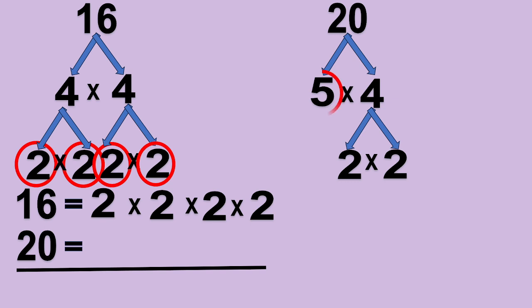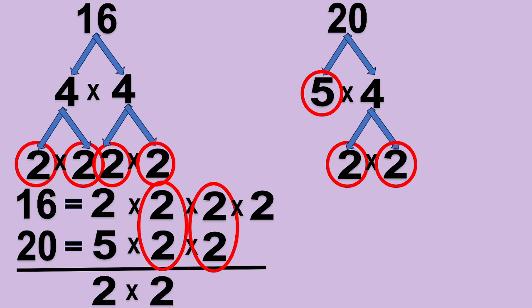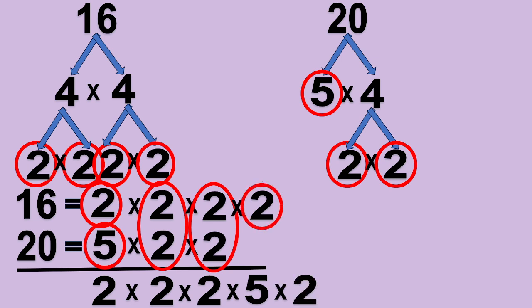We have 5, 2, and 2. Now, write the common prime factors of 16 and 20. We have 2 and 2. Then write the remaining uncommon prime factors of 16 and 20. We have 2, 5, and 2.